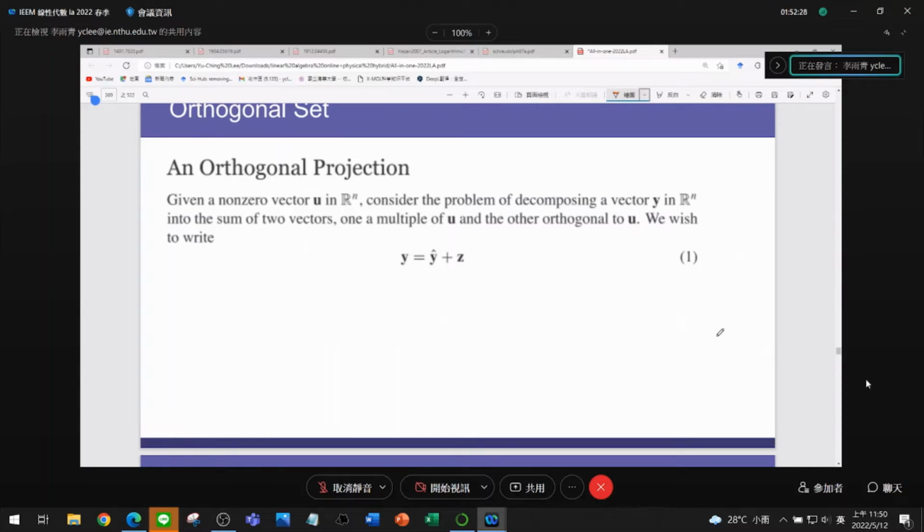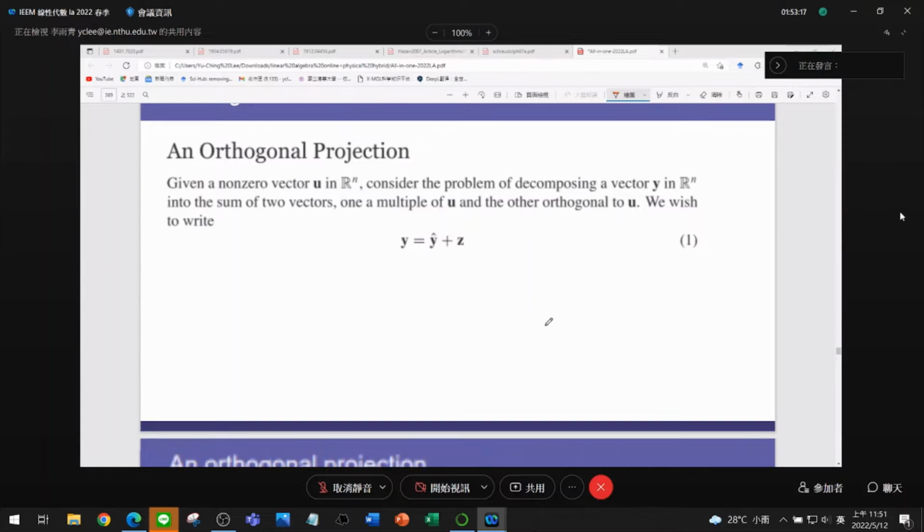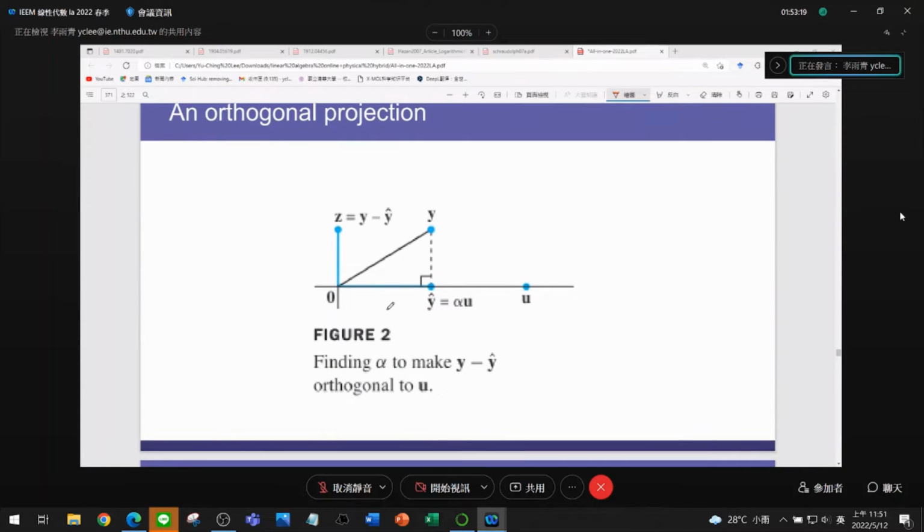That is, we want to write y equals y hat plus z. All right, we want to decompose y into two parts, y hat and z. And the relationship between them is the following. So y is this one.